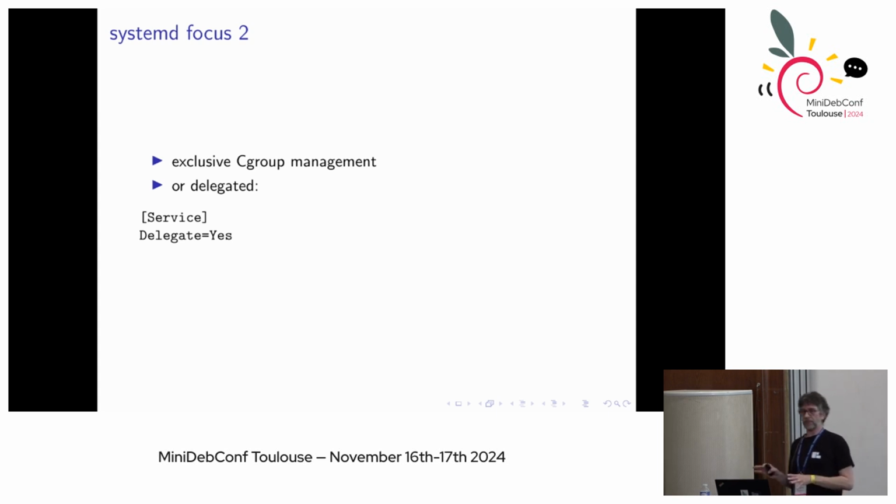You can manage your own cgroup from your unit inside your own process. Because when you do that, you inform systemd that you're going to manage your cgroup and you're going to move it away. And systemd will stop trying to manage your cgroup internally. Okay? Because you cannot have two managers managing a cgroup at the same time. It's systemd or it's you.